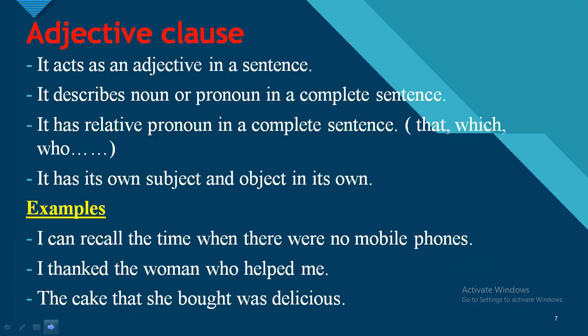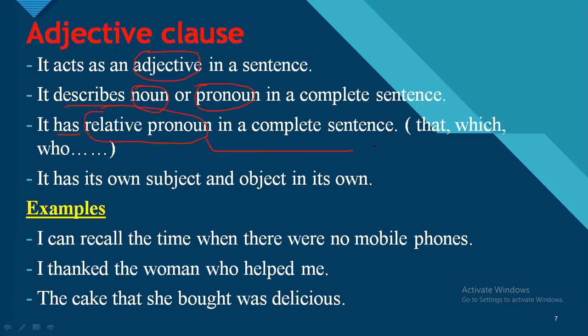So the next type of dependent clause is the adjective clause. The adjective clause acts as an adjective in a sentence. It describes a noun or pronoun.